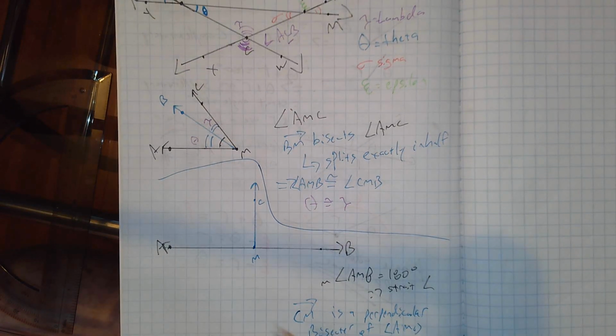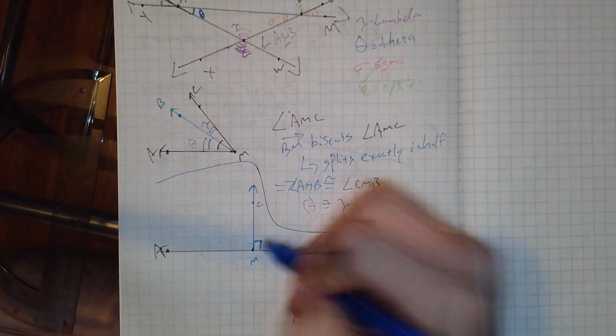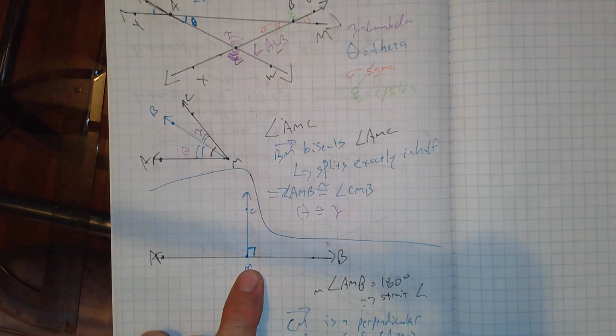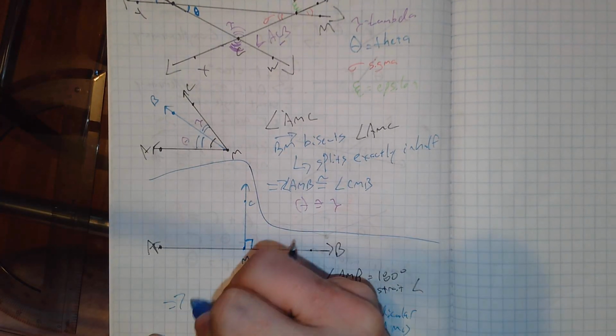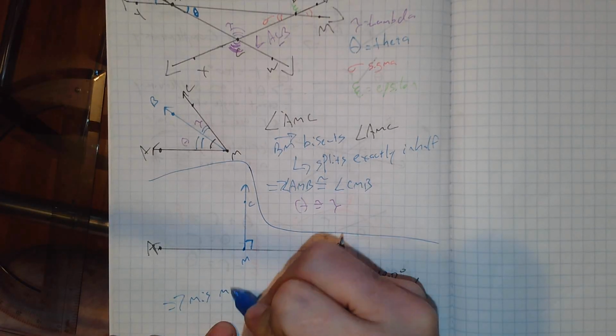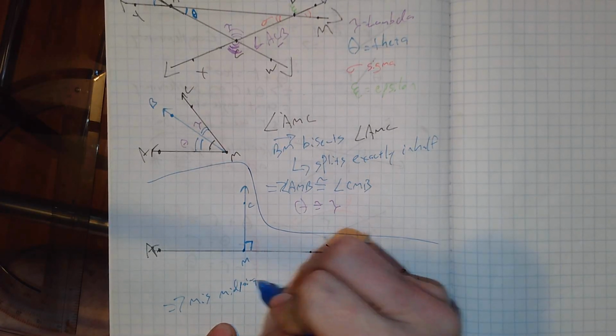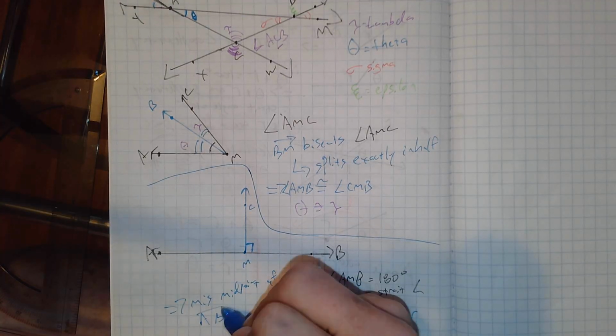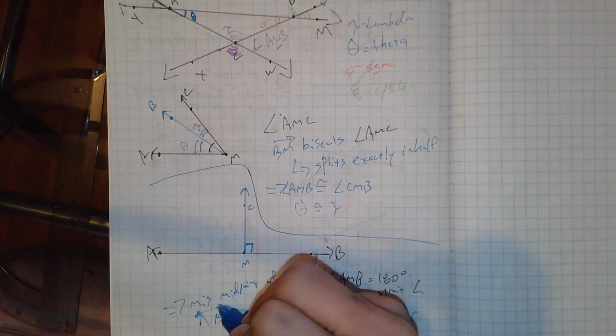That means that this does two things. It bisects line AB, making point M the midpoint of line segment AB.